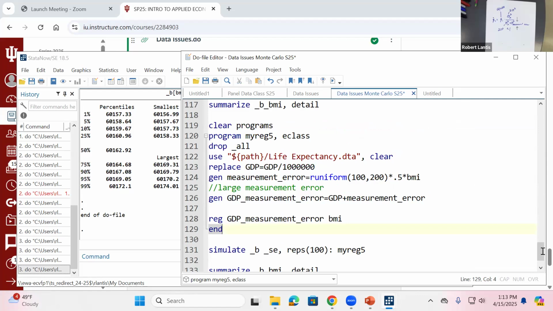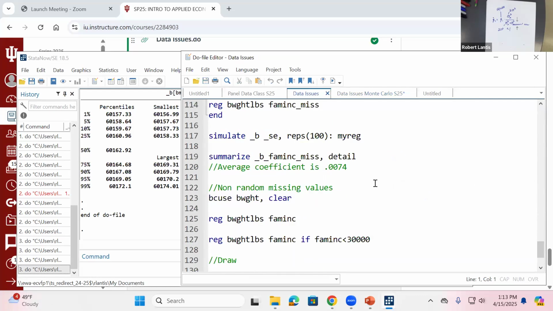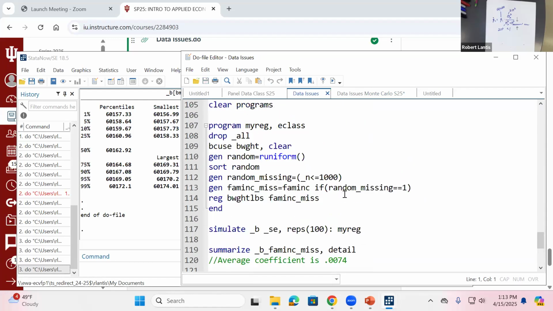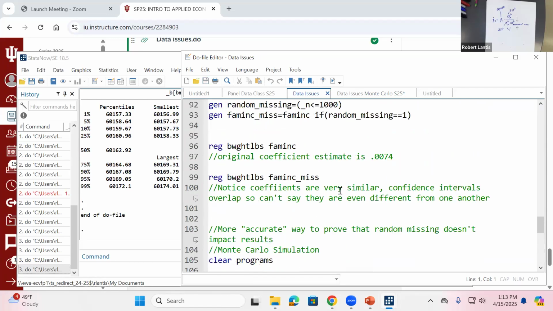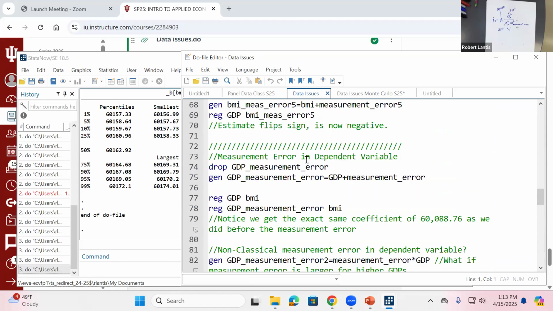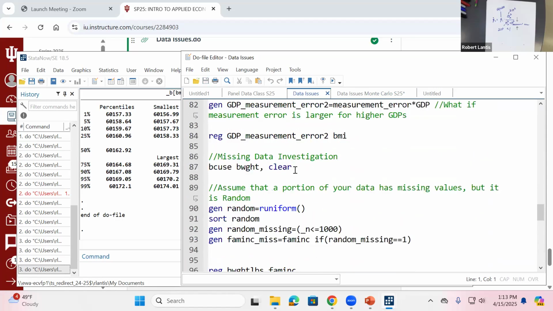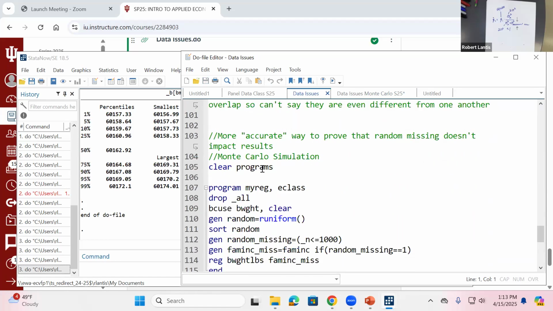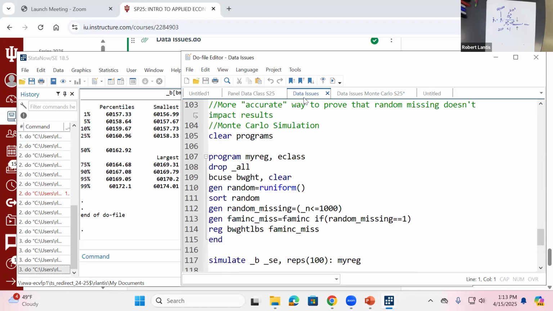So one example, I don't think I have one over here. We didn't get to these either. If you go to that data issues file, we just looked at measurement error here. You could do a very similar thing. Scroll down to line 105 of the original data issues do file.